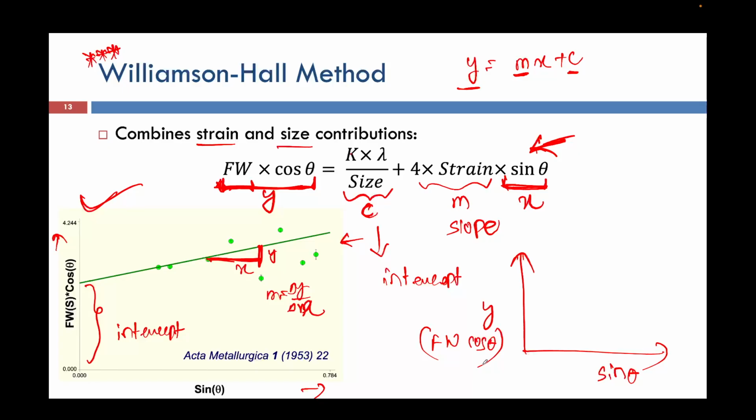If the broadening comes only due to the size effect, then there will be some amount of C associated with it, and there will be no slope, zero slope. What do you mean by zero slope? Whichever broadening you get, the FWHM value, it will come in a horizontal manner, parallel to your x-axis, right?